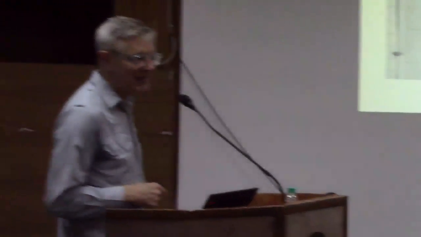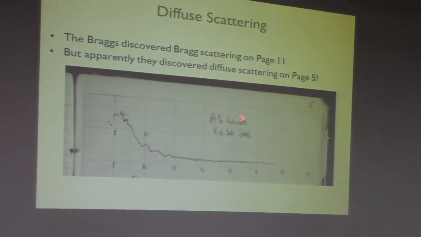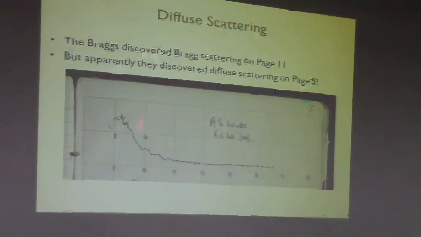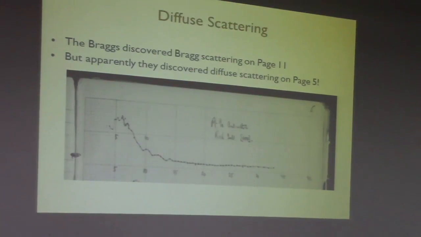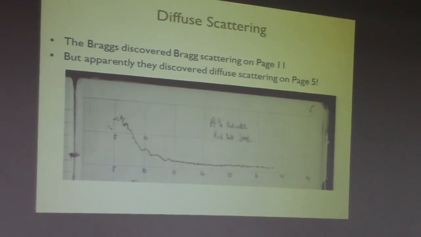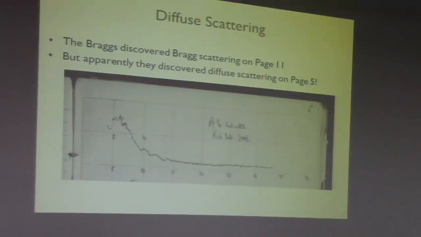I like to joke that the real Bragg scattering is actually diffuse scattering, because the Braggs discovered diffuse scattering on page 5 before they discovered Bragg scattering. But they weren't so interested in diffuse scattering. As I hope I conveyed yesterday, we're very interested in diffuse scattering.